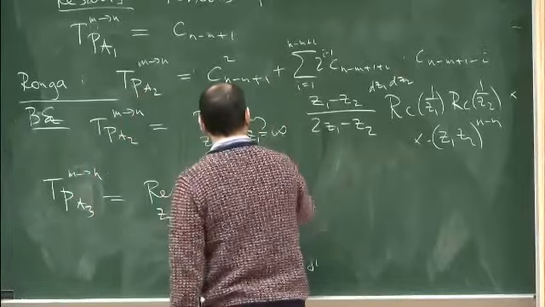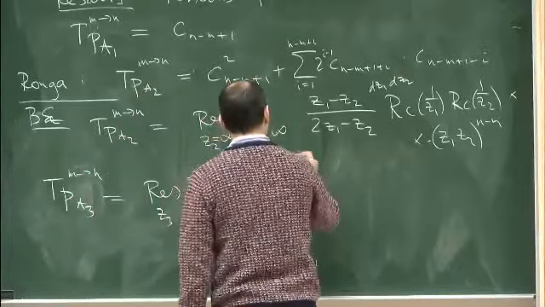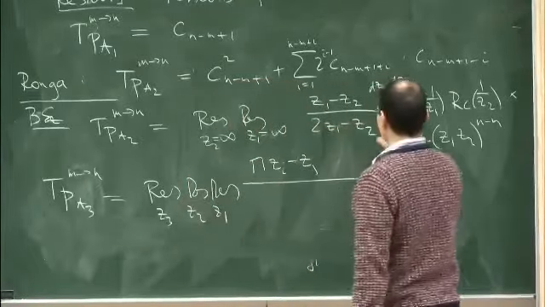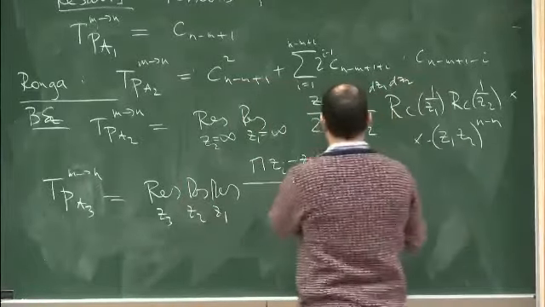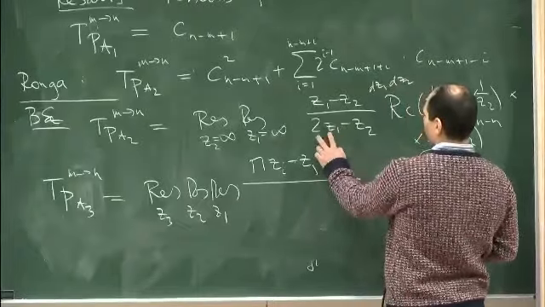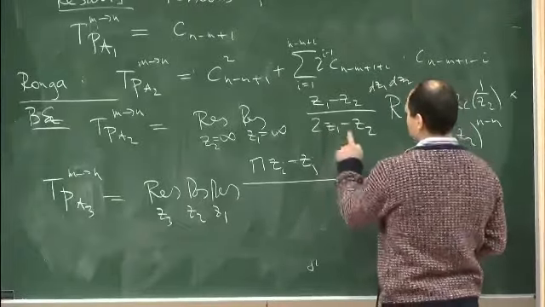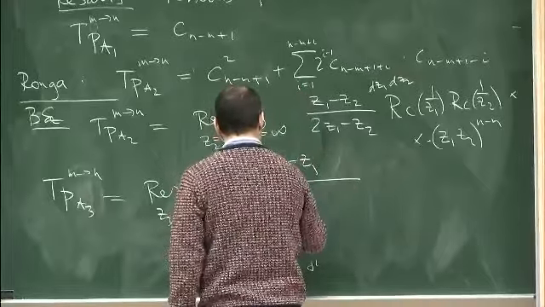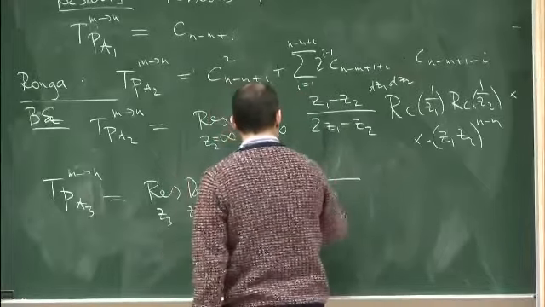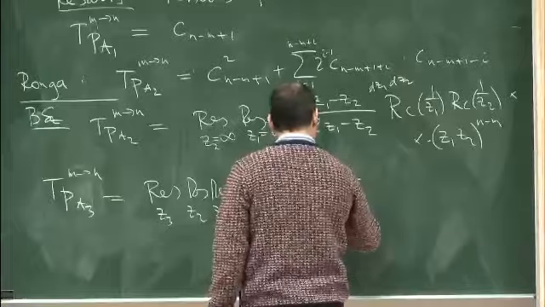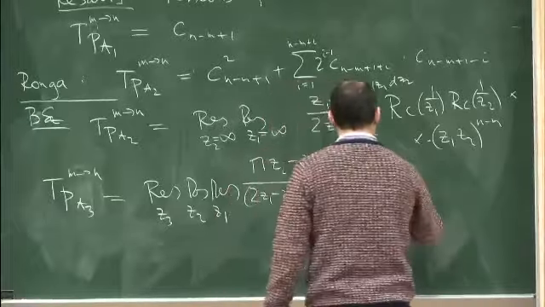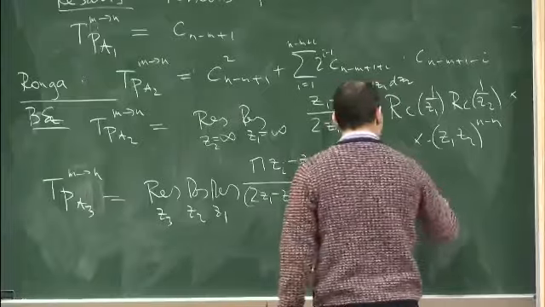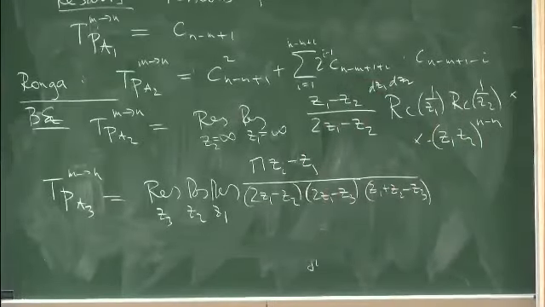Here you take the Vandermonde, so zi minus zj, and here you take the product of all things with two pluses and one minus where the sum of the indices of the pluses is less than that of the minus. So that will be 2z1 minus z2, because 1 plus 1 is less than 2. You have 2z1 minus z3, because 1 plus 1 is less than 3. And you have one more, which is z1 plus z2 minus z3, because 1 plus 2 is less than or equal to 3.